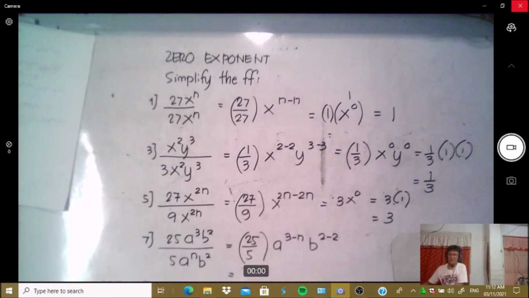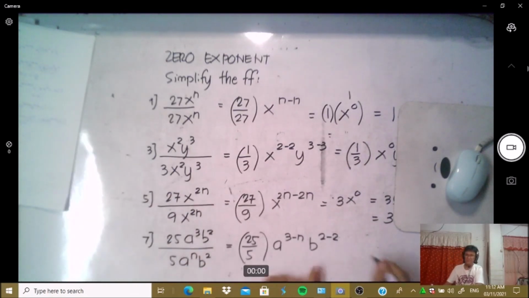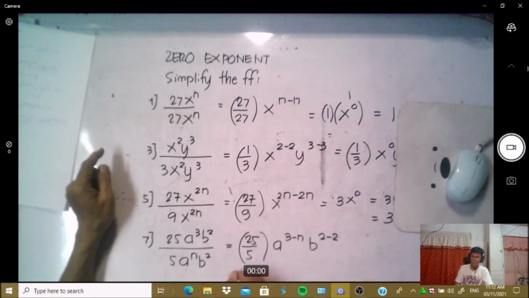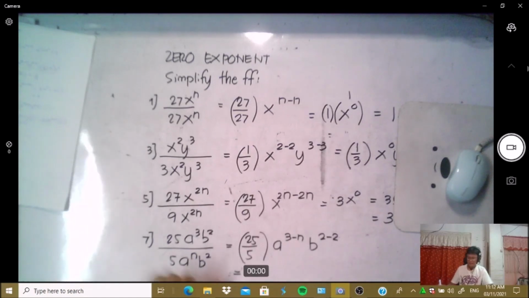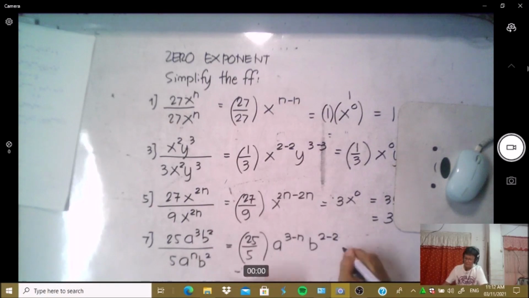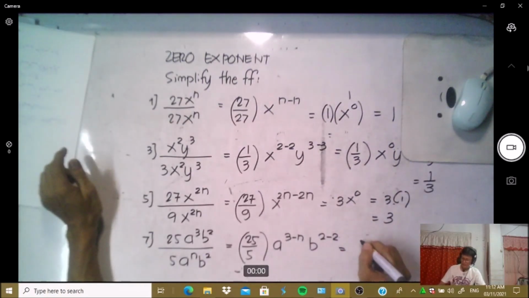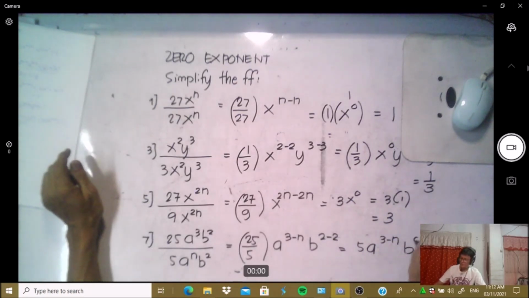So this will be equal to, let us write it here, 25 divided by 5, which is 5. Then just copy a raised to 3 minus n and b raised to 0.